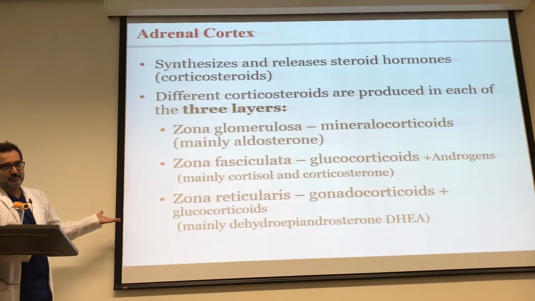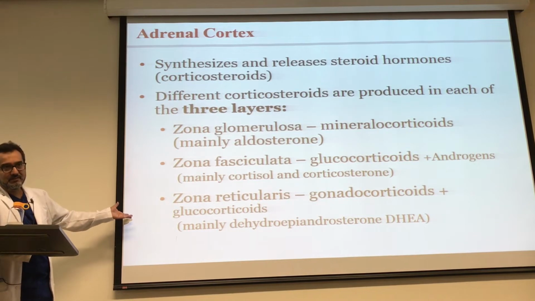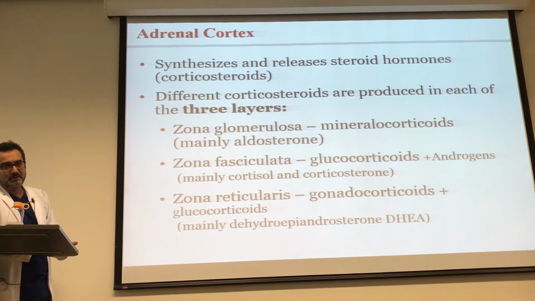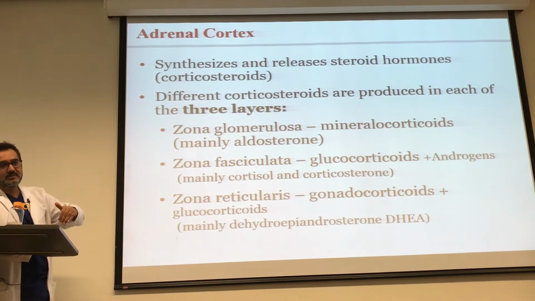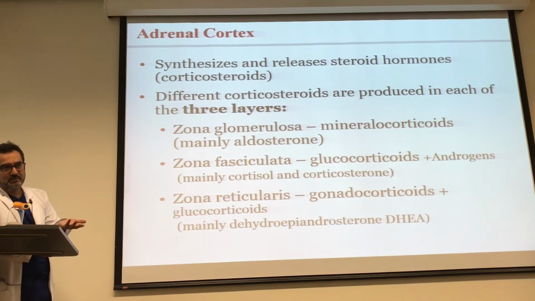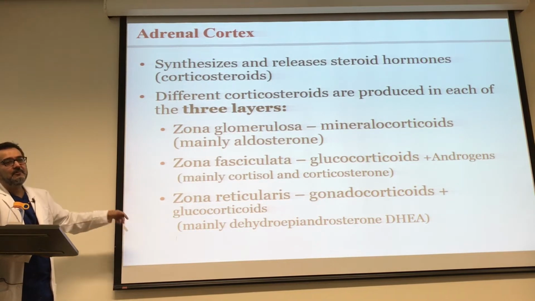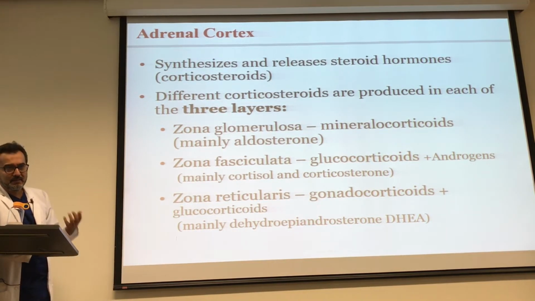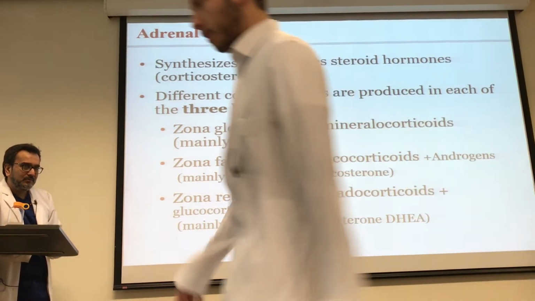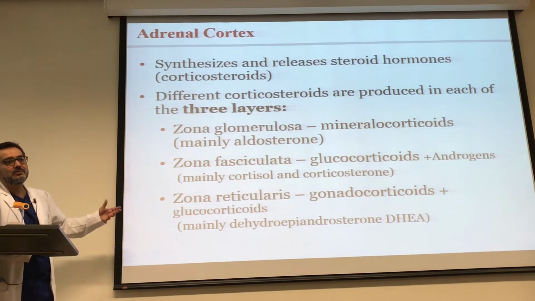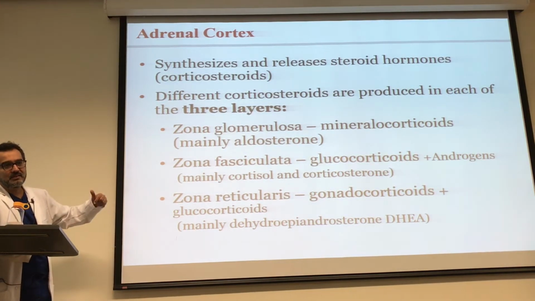So in females, because you don't have testes, these androgens are the only source of androgens which are present in females. In males, because you have testes and you produce testosterone, which is the main hormone, these androgens will go also to testes where they will be converted into testosterone. So the androgens have very little role in males, but an important role in females because they are the only source of male hormones in females.